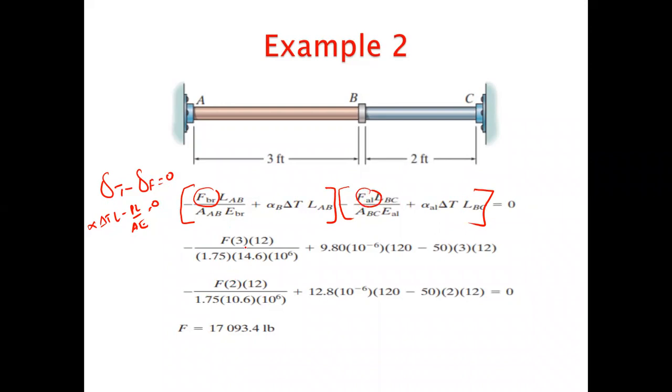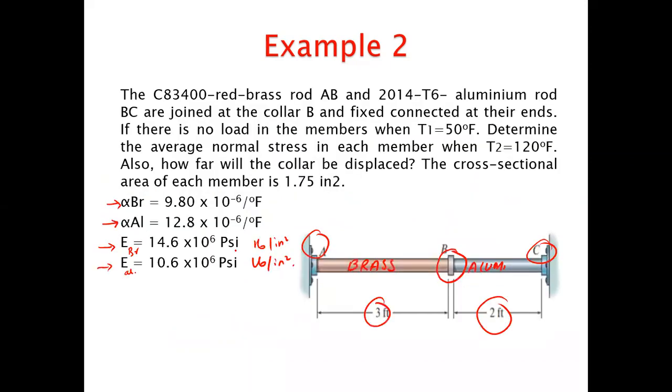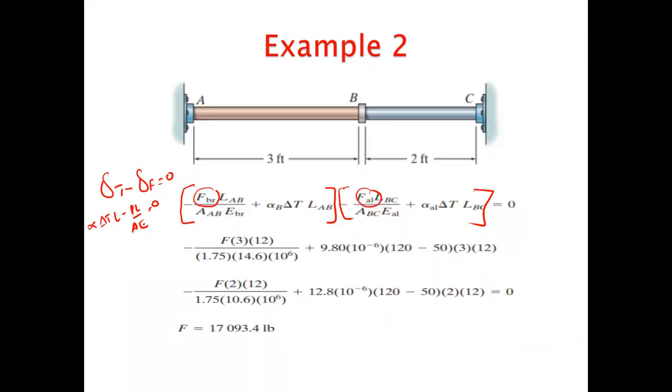Now we don't know the force in the brass rod, but we know its length. Everything is in inches, so we keep it in inches. 3 feet multiplied by 12 will be 36 inches. 1.75 is the area, which is given, the cross-sectional area of each member.